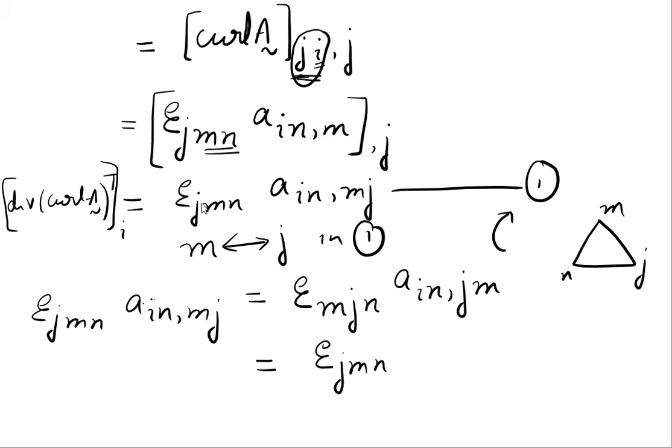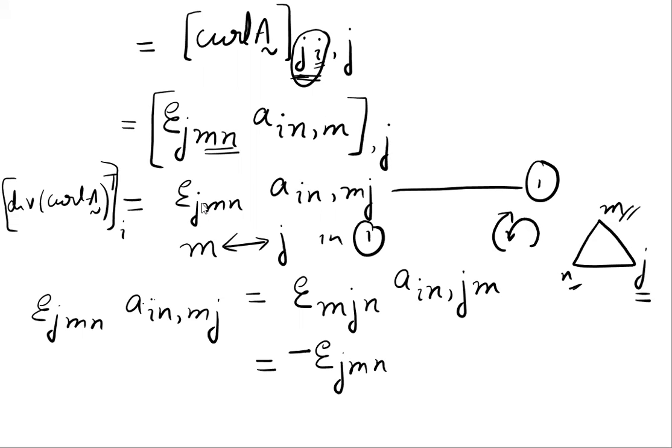Here is j, next is m, then n. So first j, m, n. This is the opposite, opposite directions, so the minus sign should come. So epsilon mjn is equal to minus epsilon jmn.